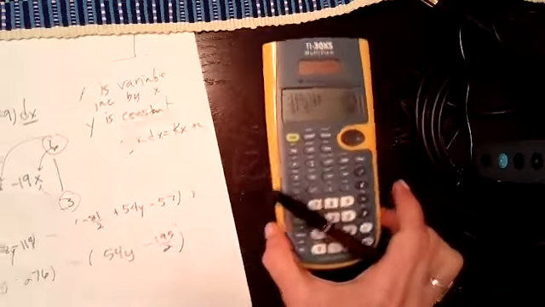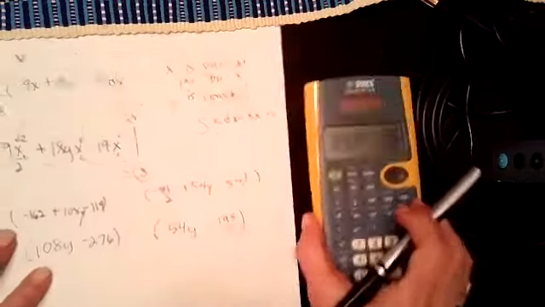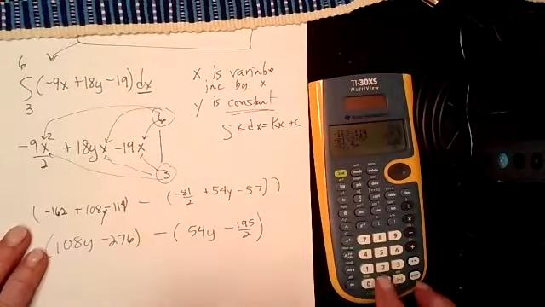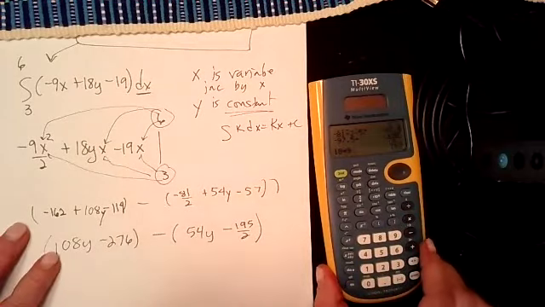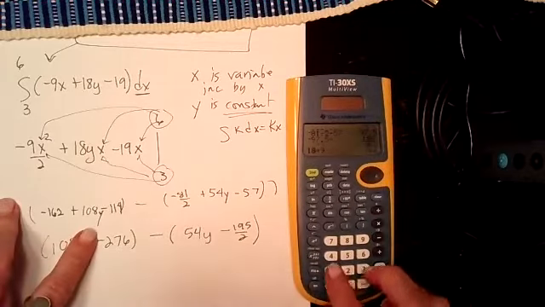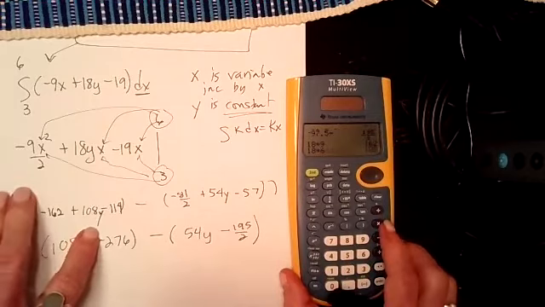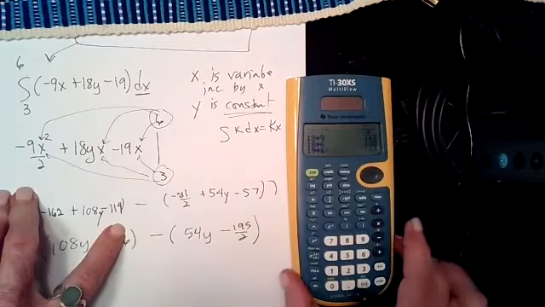Okay, so if I were really doing this problem, I'd go check it. I would, but I know you're probably saying hurry up. 36 over 2 is 18 times negative 9. I'm going to check it. It's negative 162, and then 6 times 18 is plus 108y, and 19 times 6 is 114.